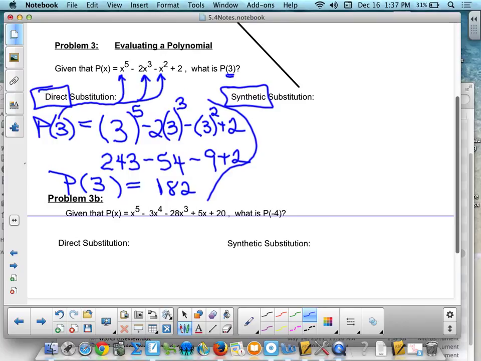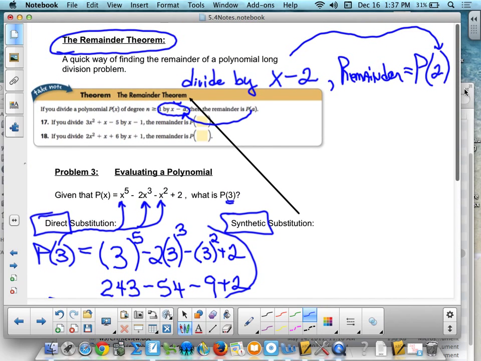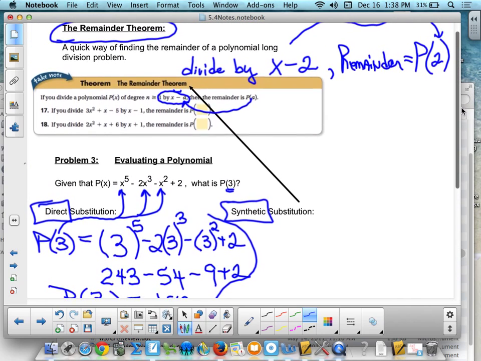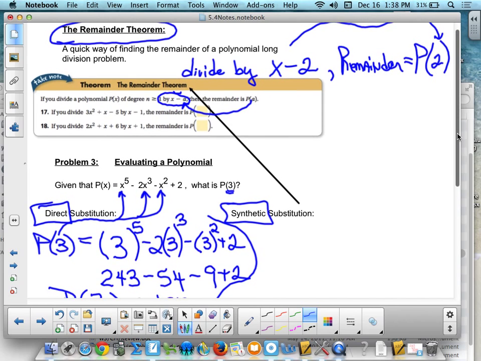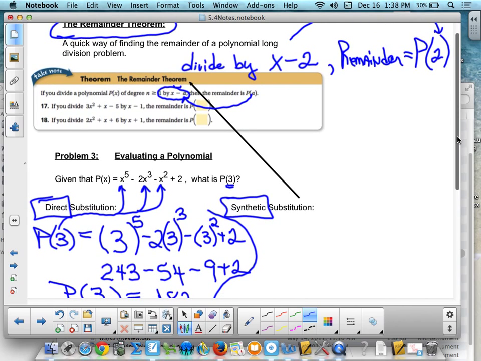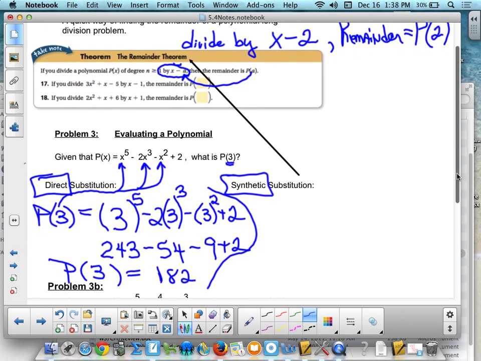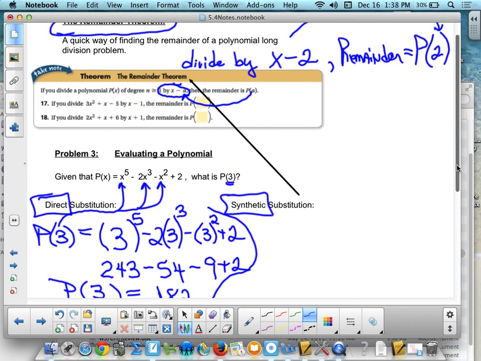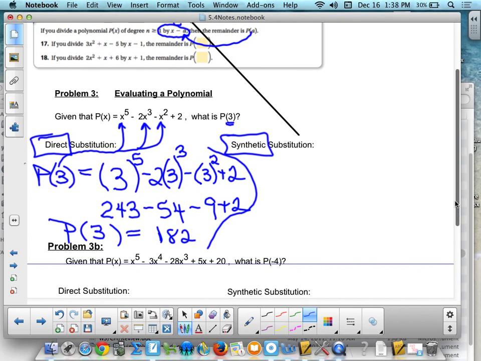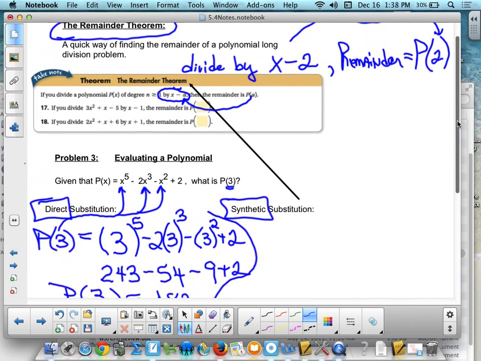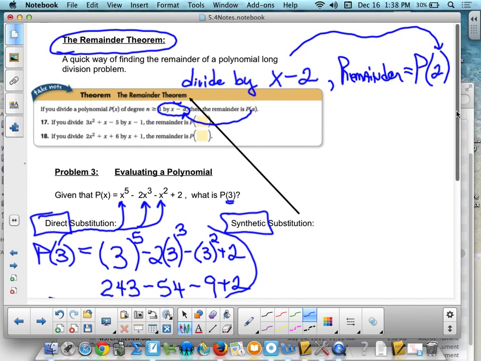Now wait a minute. Look over here. If you know that 182 is the solution when you plug in 3, then if I plug in 2, I get the remainder.